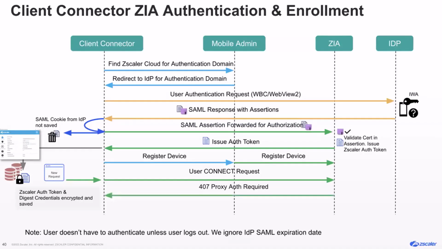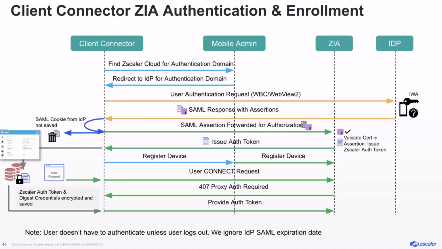So for every request that goes out to ZIA, every connect header, which actually uses a 407 proxy auth, we will use that particular digest credentials to authenticate against the Zscaler cloud to make sure that we can mutually authenticate each other there as well.